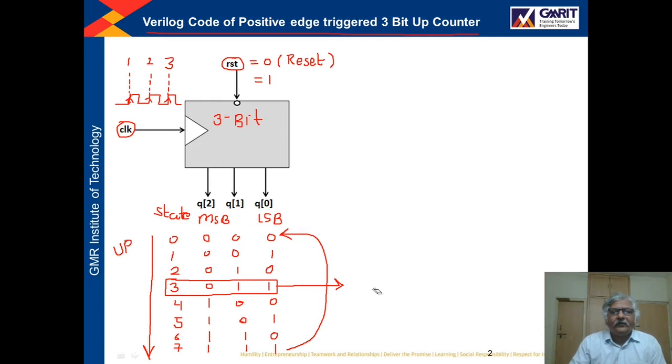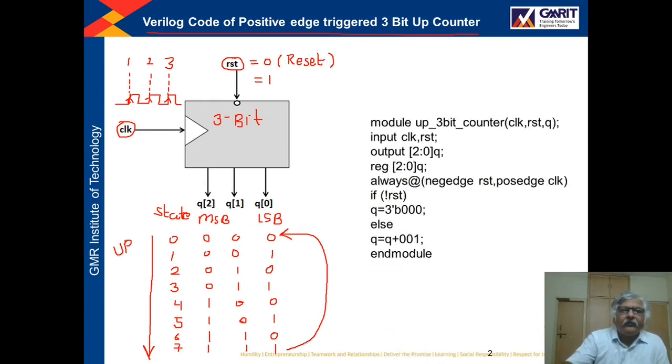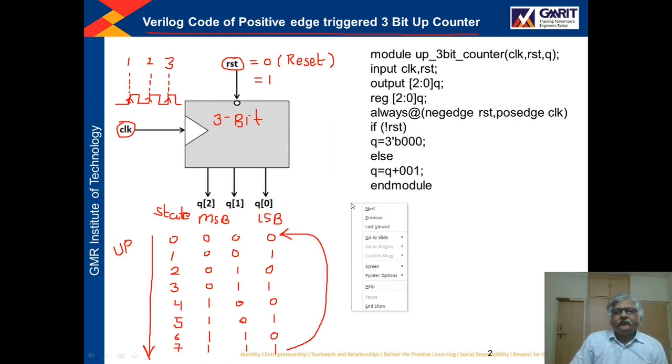So now we will see the Verilog code of this particular counter. We start with module and we end with endmodule. The name of this Verilog module is up_3bit_counter.